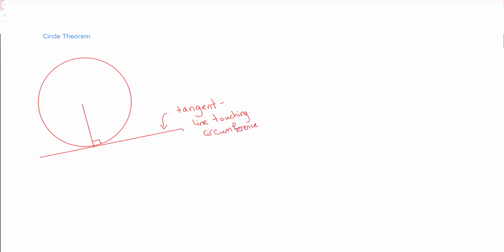Right, so this theorem, let's name it Theorem 3. Remember, it's like rules. So you just have to remember it and be able to look out for them.